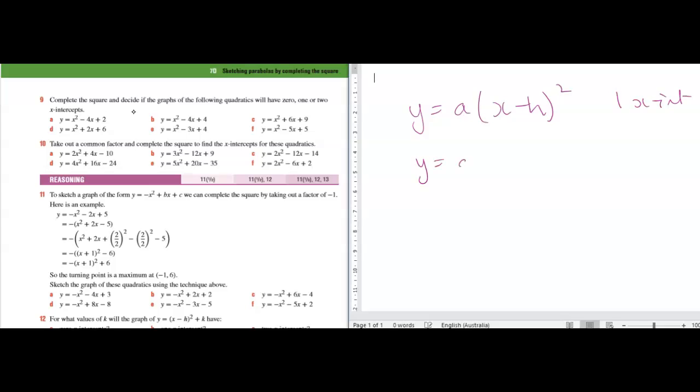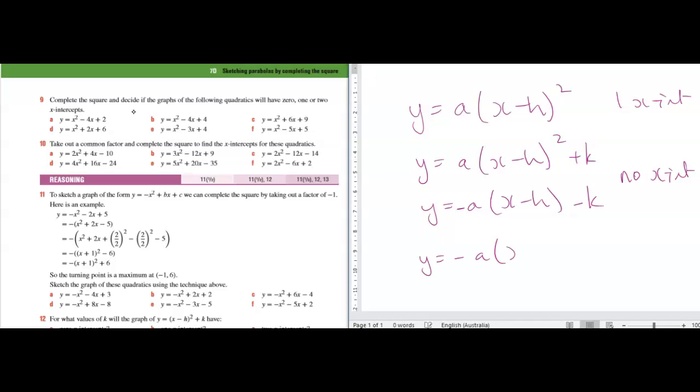If it's in either this form or this form, whoops, that should be a plus, that's a negative, you're going to have no x-intercepts. This first quadratic is a positive that's gone up. The second one is a negative that's gone down. So no x-intercepts for them. And if it's in this form, let's call that a positive first. We'll do the positives.